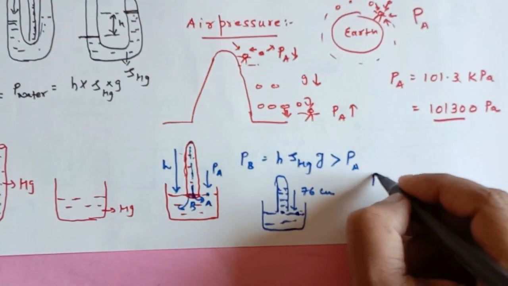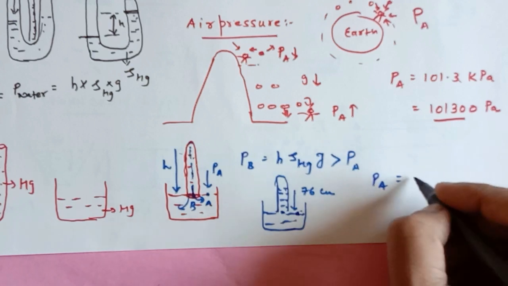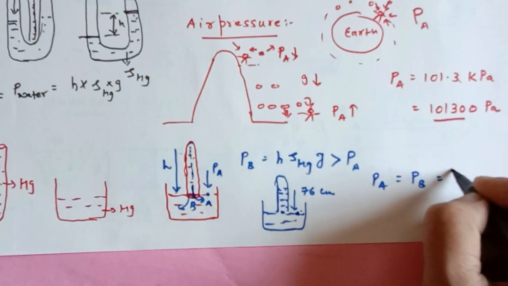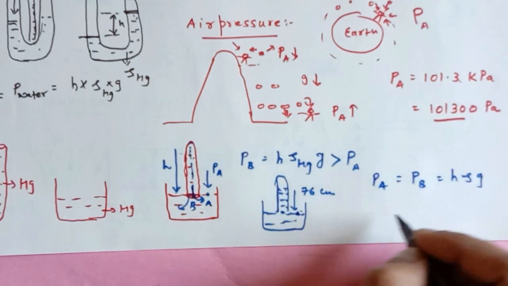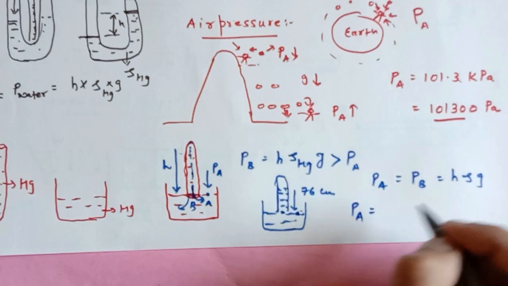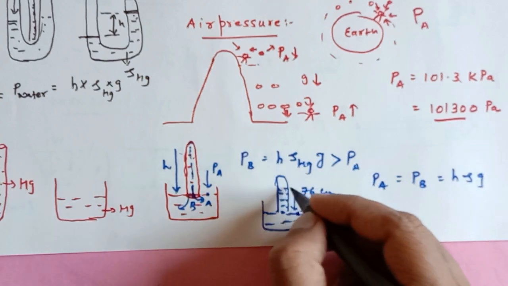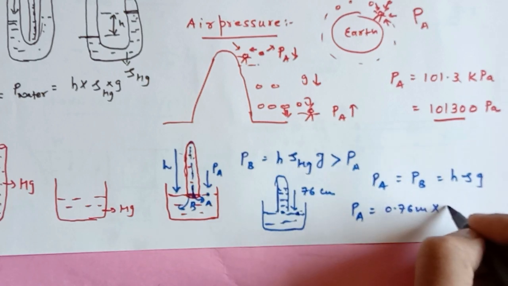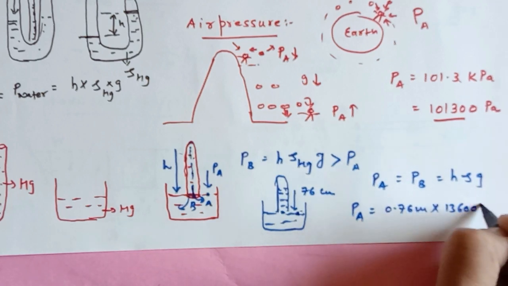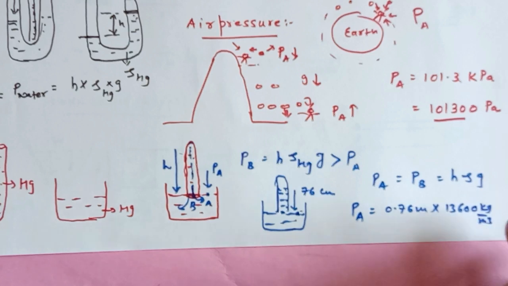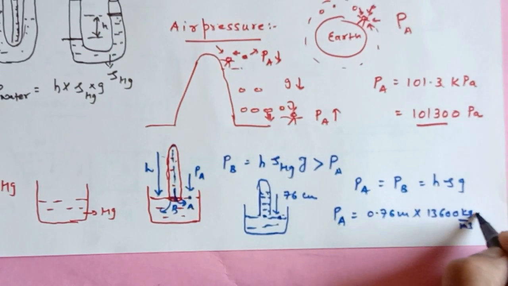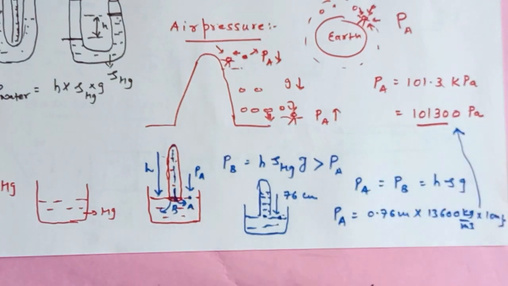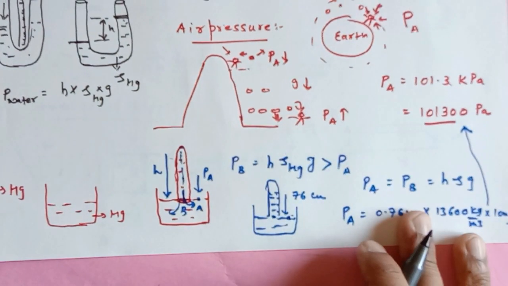So pressure at A is now equal to pressure at B, which is equal to H rho G. The new depth of the mercury is now 76 centimeters, so 0.76 meter. The density is 13600 kg per meter cube, multiplied by G, that is 10 meter per second square, and we are measuring the atmospheric pressure in this way, correct?